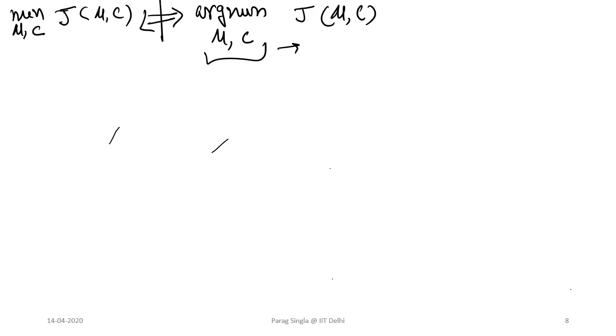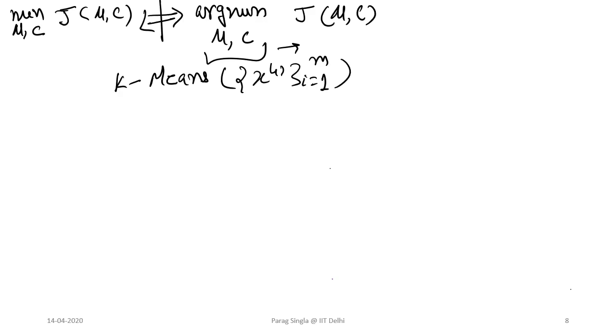Okay, so now let me describe the k-means algorithm slightly more formally. This is our k-means algorithm, which takes in a bunch of data points i equal to 1 to m, and each x_i belongs to some n-dimensional space.